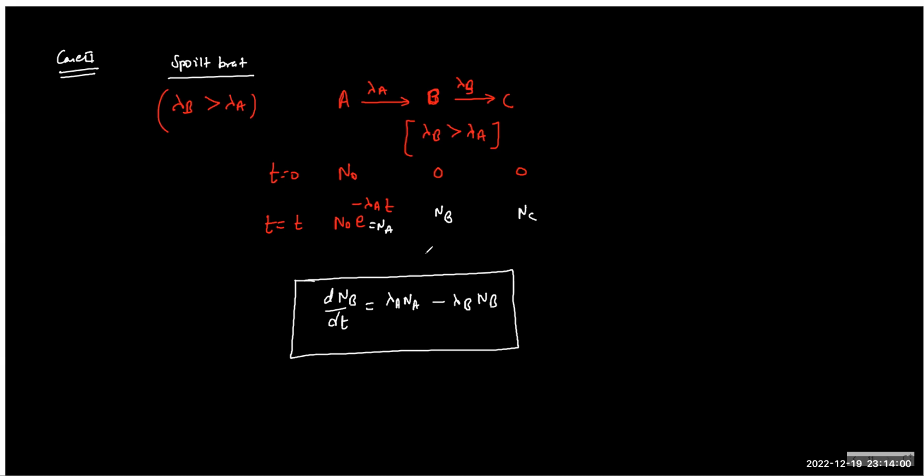So in this case, you can actually achieve the radioactive equilibrium, isn't it? Tell me guys, B can achieve radioactive equilibrium, yes or no?